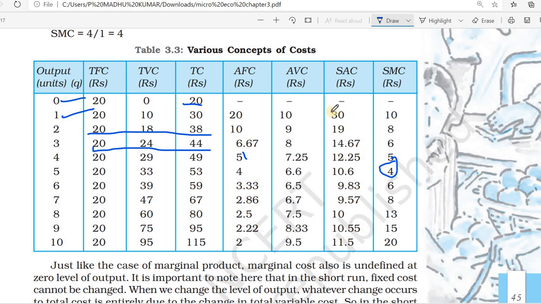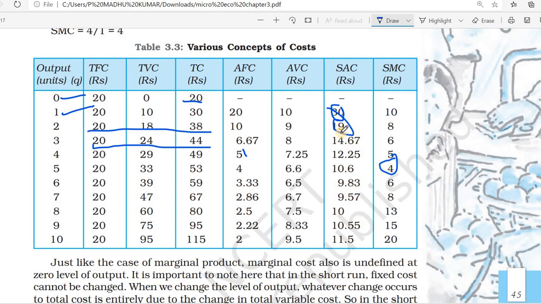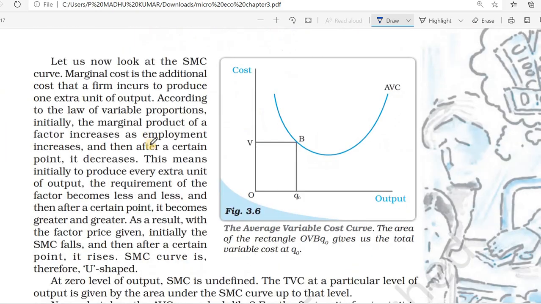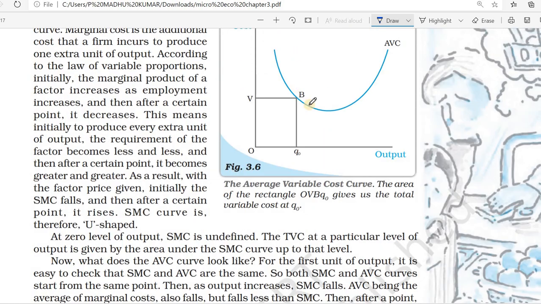Same like that, the short run average cost curve also. First it is 30, then 19, 14, 12, 10, 9, then it starts to increase. That is the reason it is in the shape of U. Then AVC and SMC curves are in the shape of U.